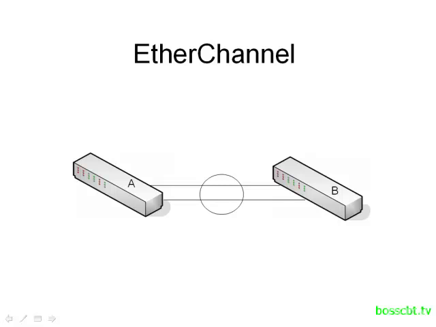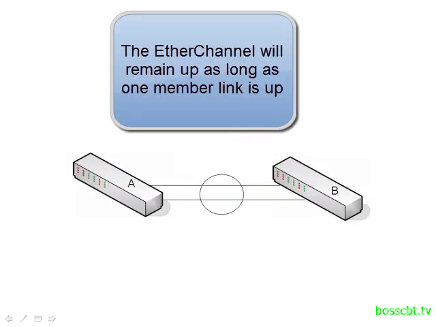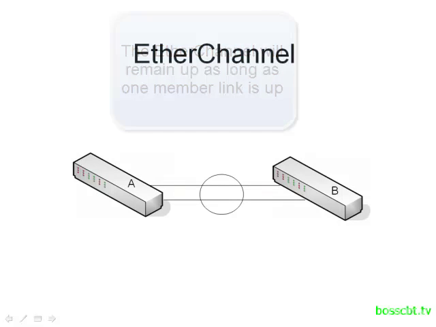As long as one link in the bundle remains up, the entire bundle will stay up. So for instance, out of these two links here, if one fails, the bundle as a whole still stays up. So you can imagine if you have 4 links in a bundle, you've got a lot of redundancy built into it. It's going to take all 4 of those links to fail for the bundle to come down.